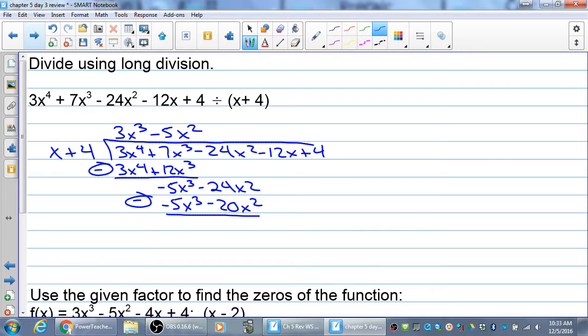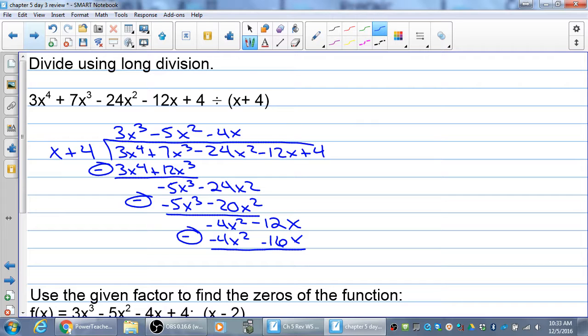Subtract. Now, I don't mess with the signs, and then when I multiply, I just add that minus. That's how I do this. Negative 24 minus negative 20, that's negative 4x squared. Right? Yep, negative 4. So we have minus 4x. Minus 4x squared minus 16x.